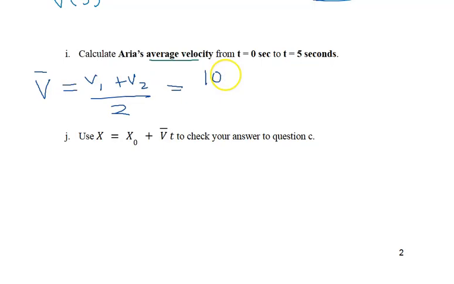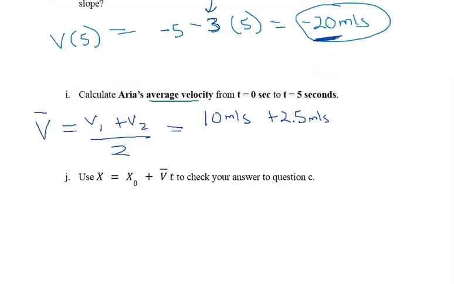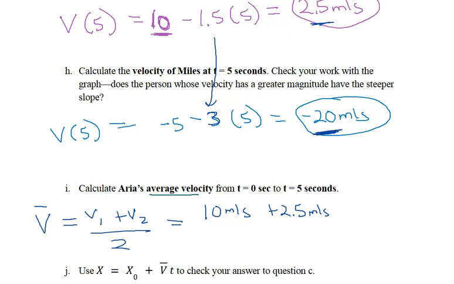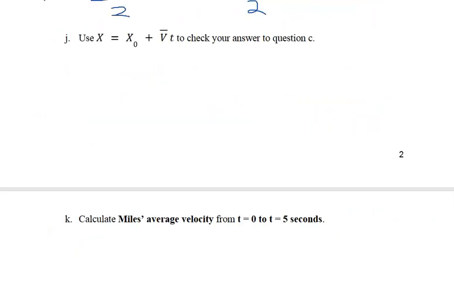She was going 10 meters per second at t equals 0. And then she had slowed down to that shallow 2.5, but it was still positive, right? We're going to add those two up to 12.5 and divide by 2 and get 6.25 meters per second.